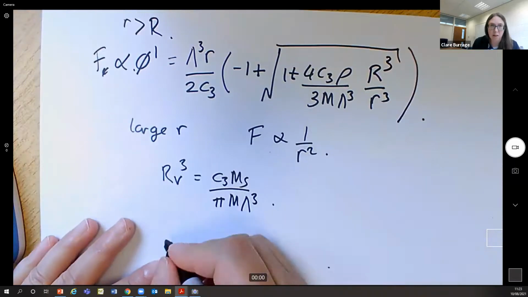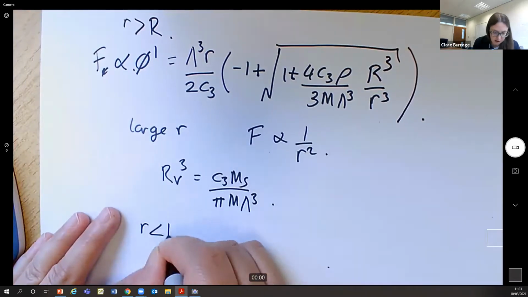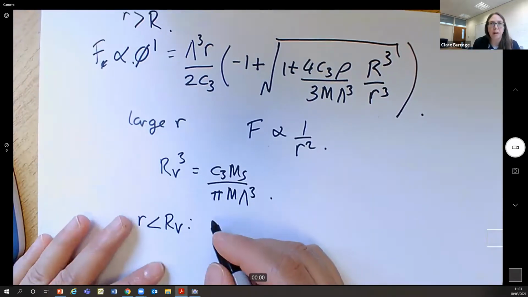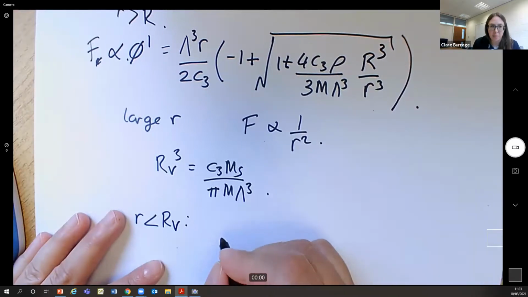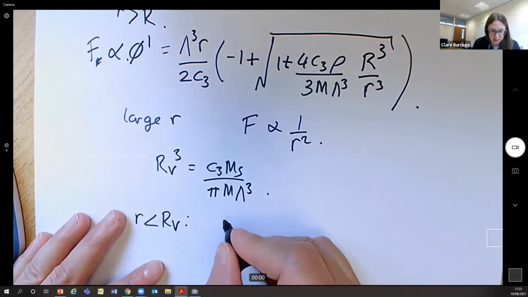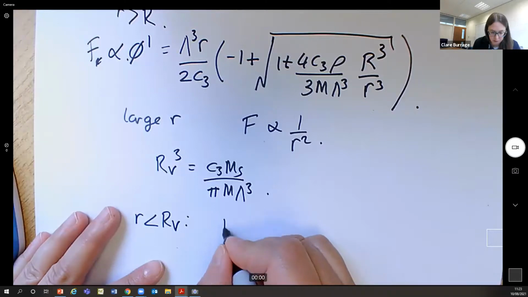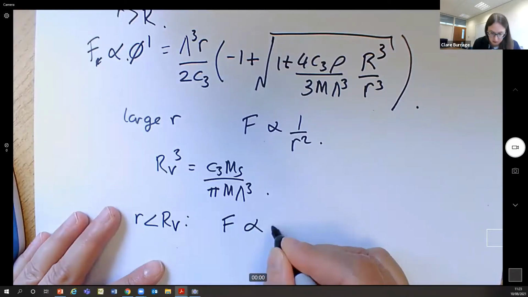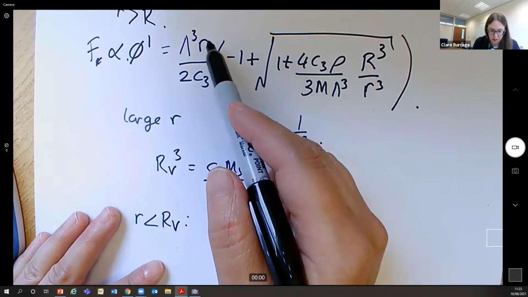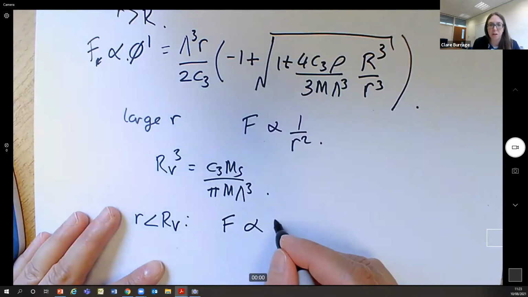And when r is less than r_V, we find that our force scales like, what does that turn out to be? We're going to get 1 over r to the 1/2.